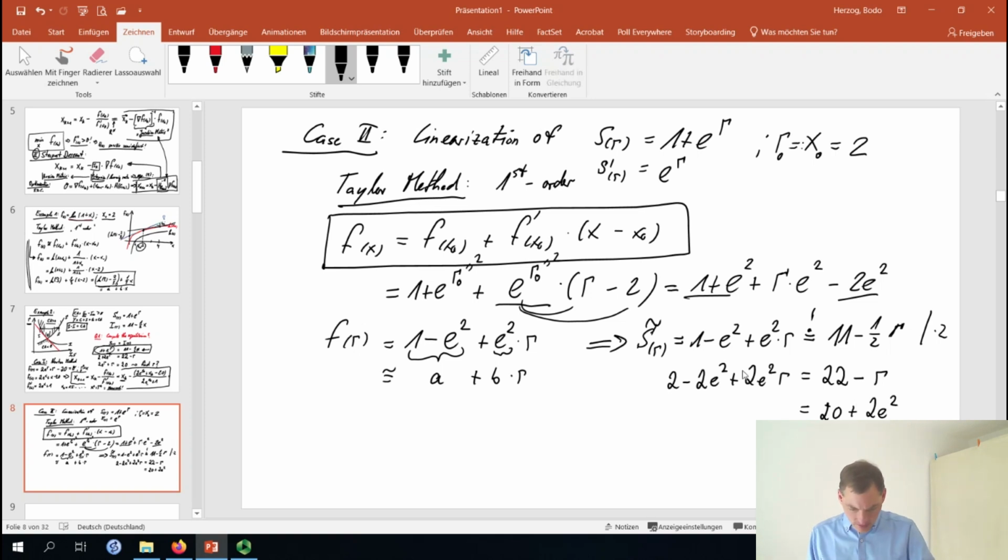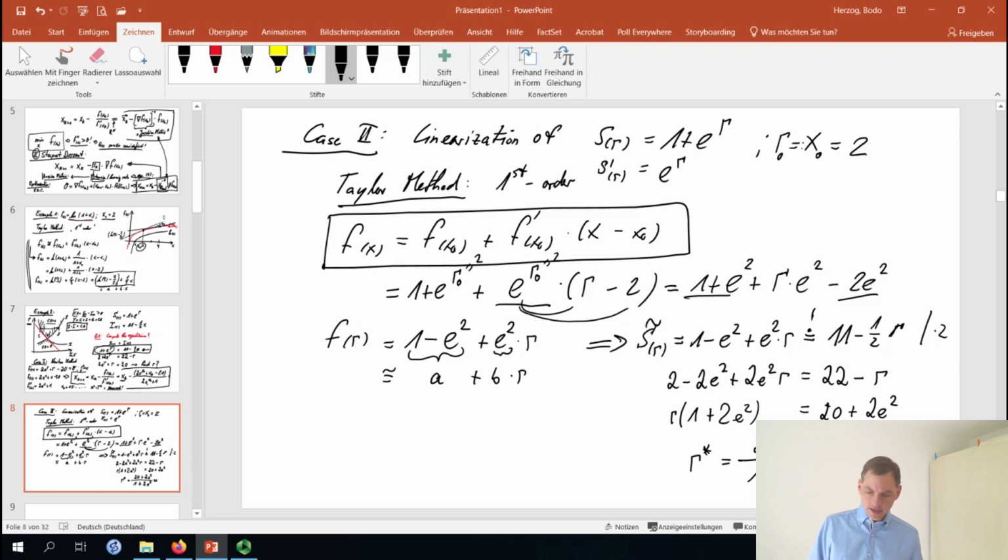And I bring this r to this side and factor it out. Then I have here a 1, and here I would have a 2e squared. Okay. And now I can find my equilibrium point r, which is 20 plus 2e squared over this term in the parentheses, 1 plus 2e squared.